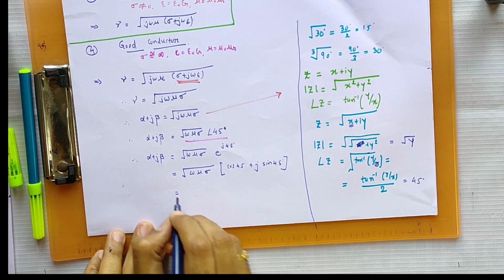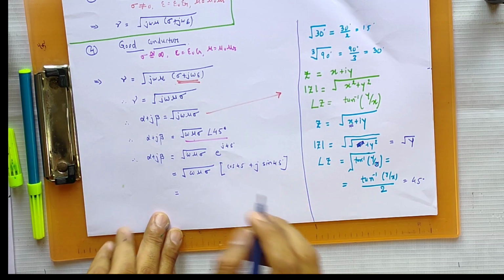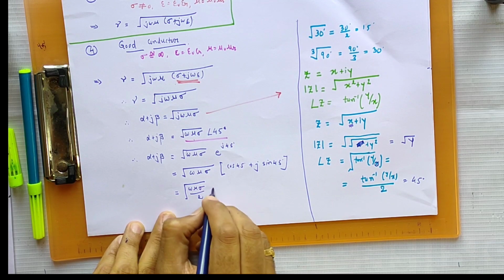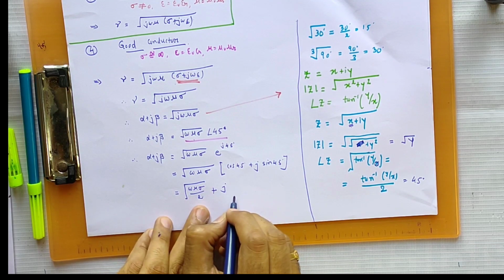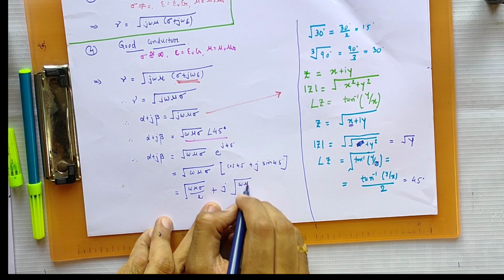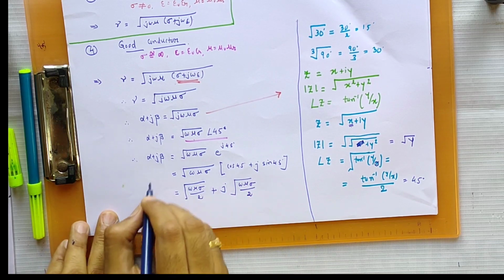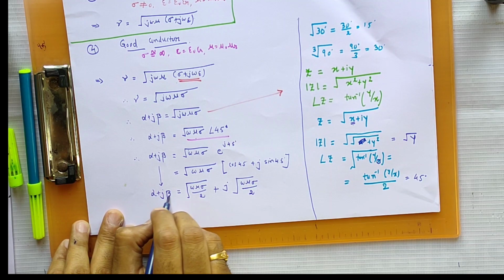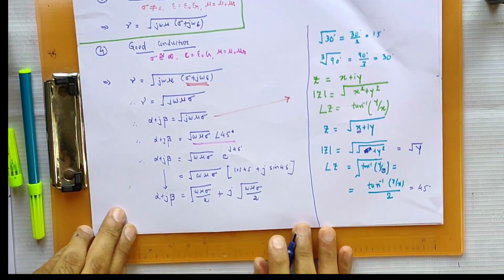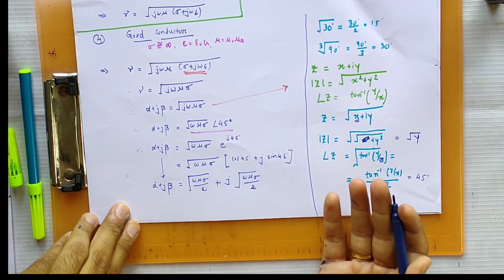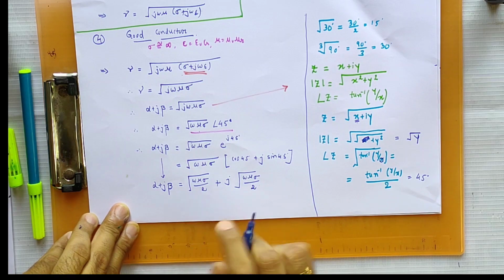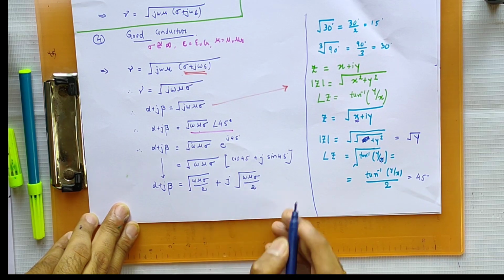Cos 45 degree is 1 by root 2, sin 45 degree is 1 by root 2. So you may write omega mu sigma by 2 plus j omega mu sigma by 2. It is nothing but my alpha plus j beta. Now you can compare real part and imaginary part, because j is outside of this square root.